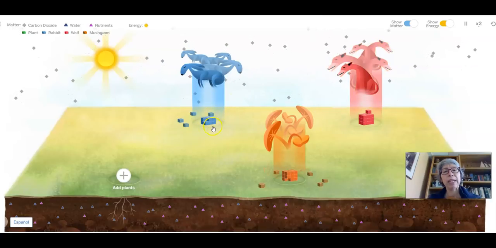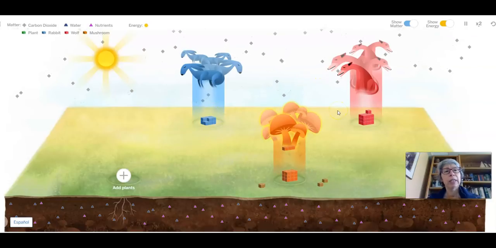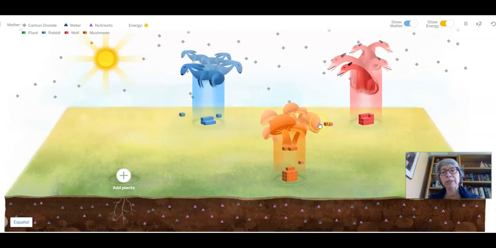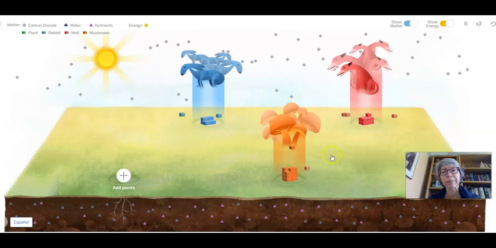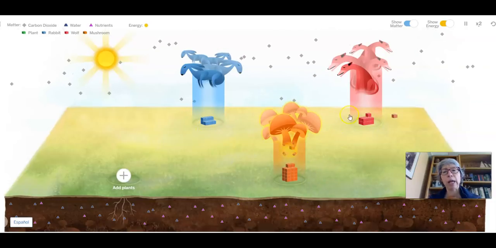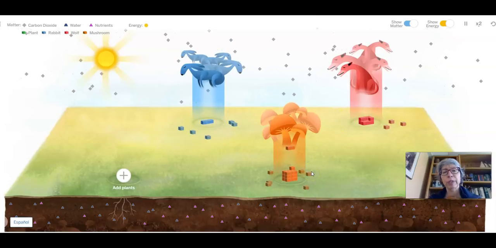The rabbits, since they're skinny, they're not feeding the wolves very well. Their blocks are falling and getting absorbed by the mushrooms. So it looks like now their blocks are just coming over to the mushrooms.